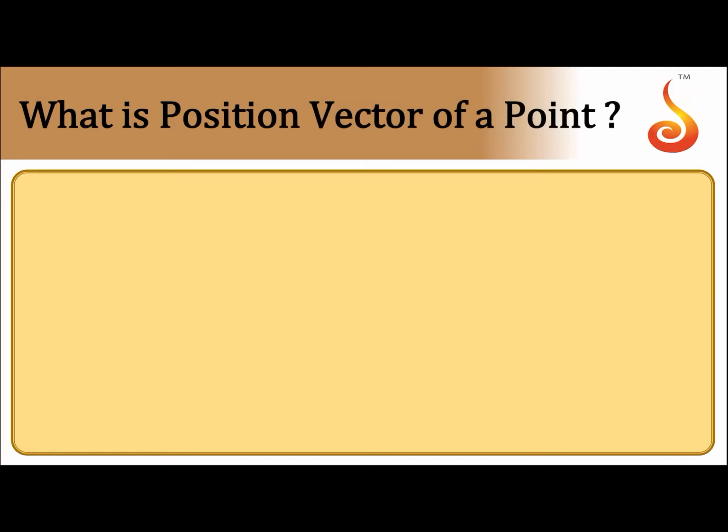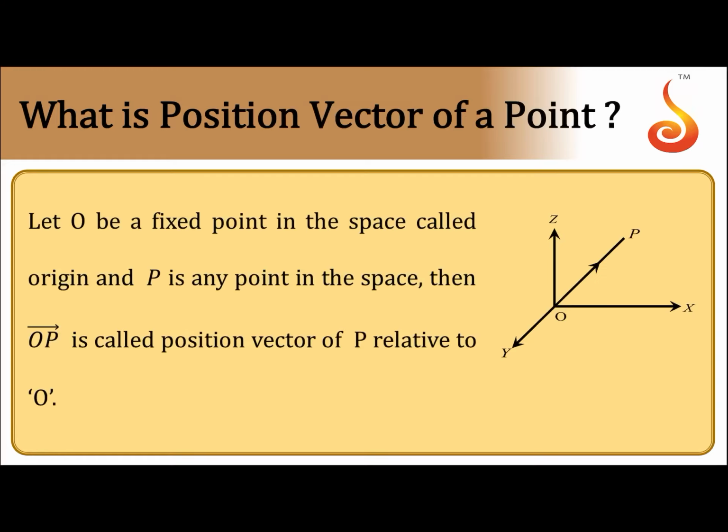This is an important concept. In the case of vectors, the position vector of a point is a vector which determines the position of a point in space. A vector which determines the position of a point in space is called a position vector. Let us say O is a fixed point, with x-axis, y-axis, z-axis, three-dimensional coordinate geometry.